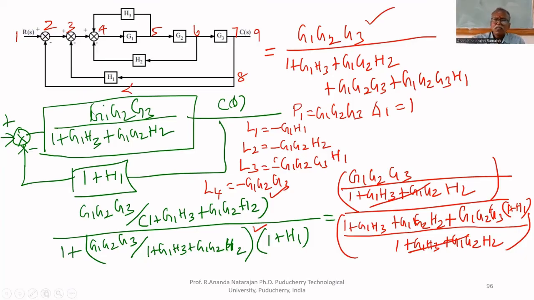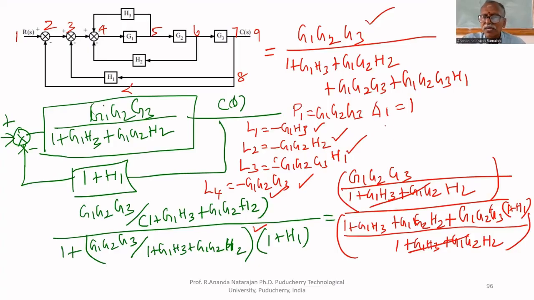Yes, we got. To check, G1, H3, first loop. G1, H3 we got. G1, G2, H2 we got. G1, G2, G3 we got. G1, G2, G3, H1 we got. Yes, we got all.